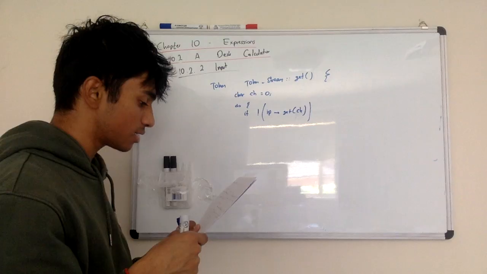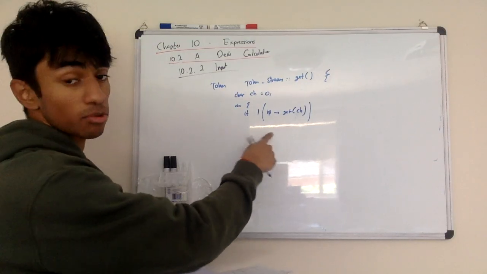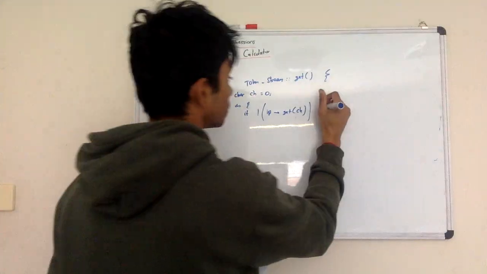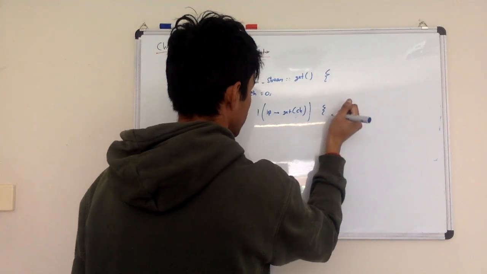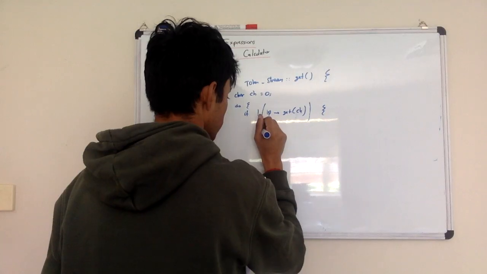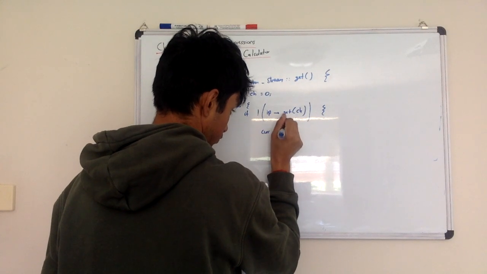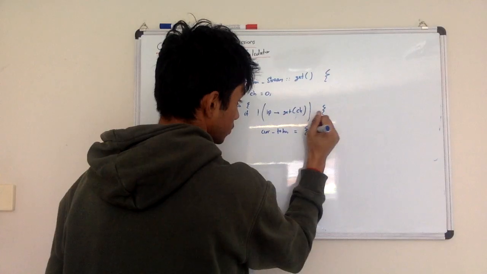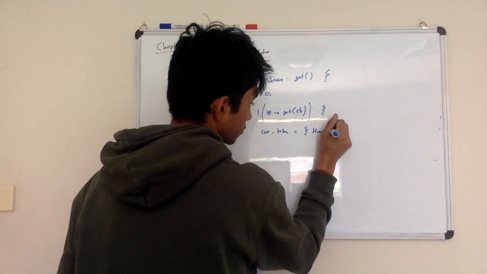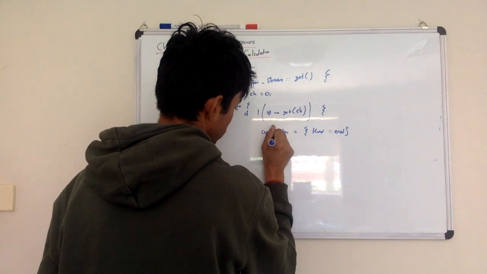So if it's not the case that we are able to do this properly, then we simply set current token to be equal to kind end, and then we return current token.